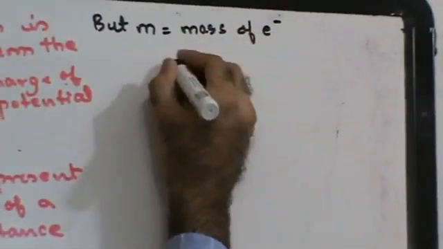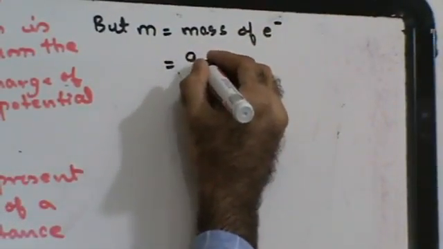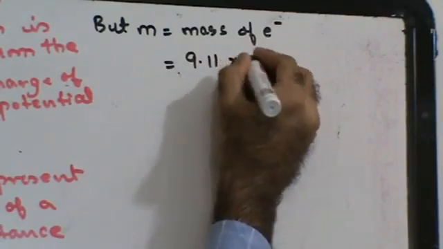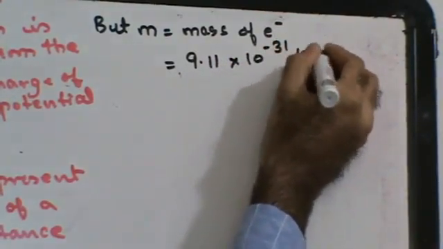Now, let's find out the numerical value of the total energy of the electron in Bohr's orbit. I can say, m, that is the mass of the electron, is 9.11 into 10 raised to minus 31 kgs.